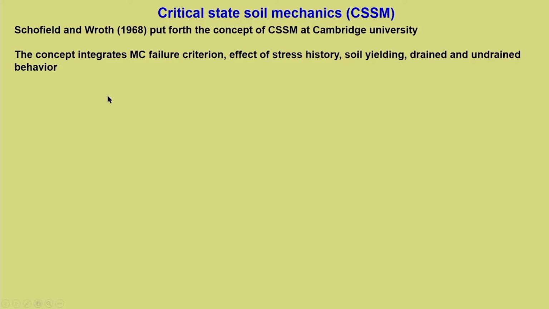The concept essentially integrates whatever we have learned, that is, the essence of soil mechanical behavior. How do we define it? It is the Mohr-Coulomb failure criterion, the effect of stress history, the concept of soil yielding, and drained and undrained behavior. So, it tries to integrate these aspects together.